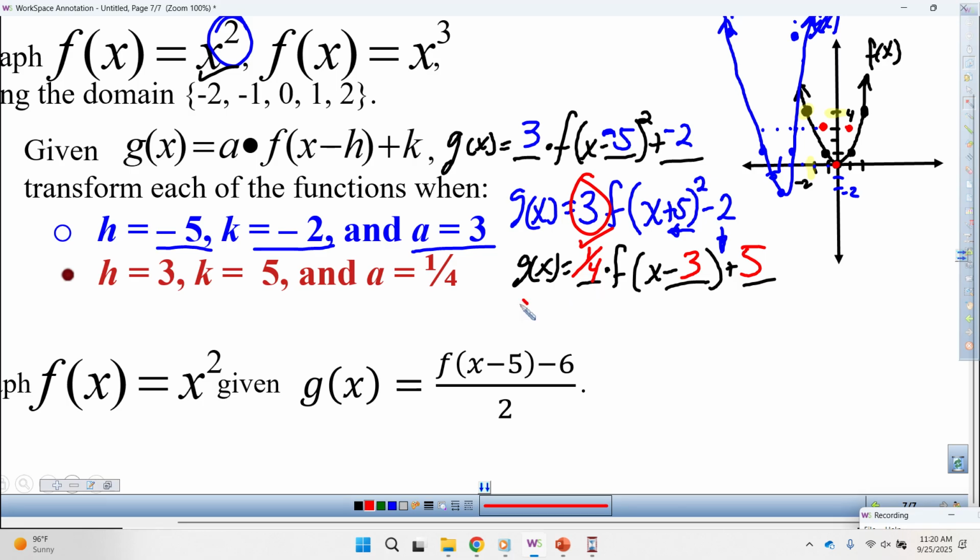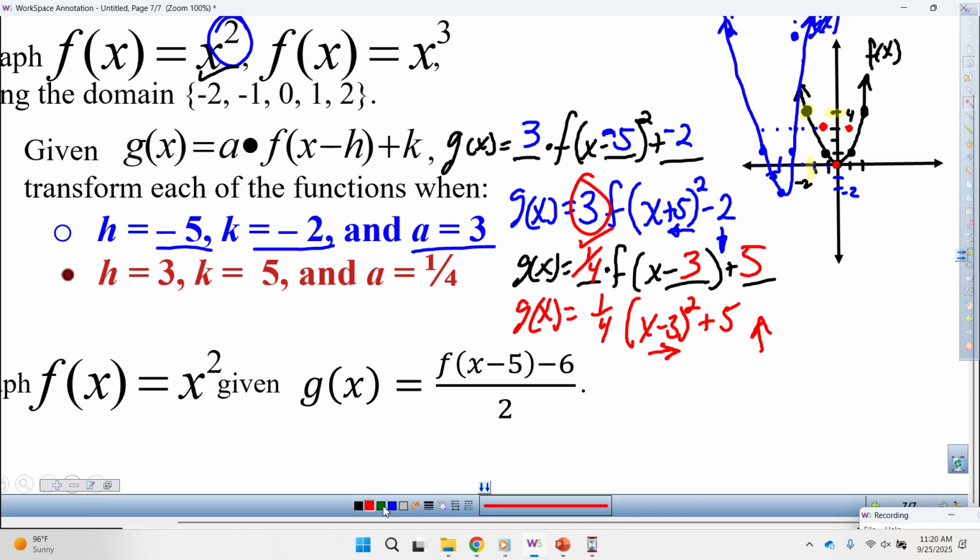So my new transform function, g of x equals 1/4 times (x minus 3) squared plus 5. Now, for the sake of time, this one is going to the right and up.